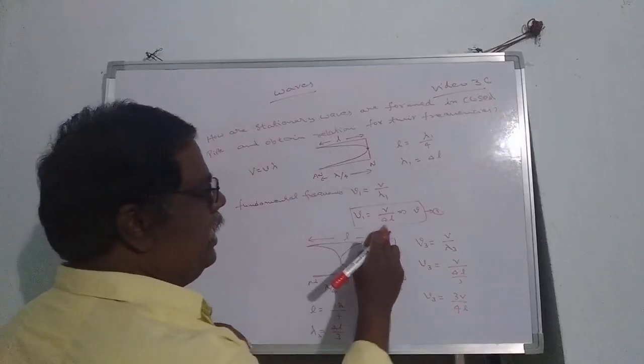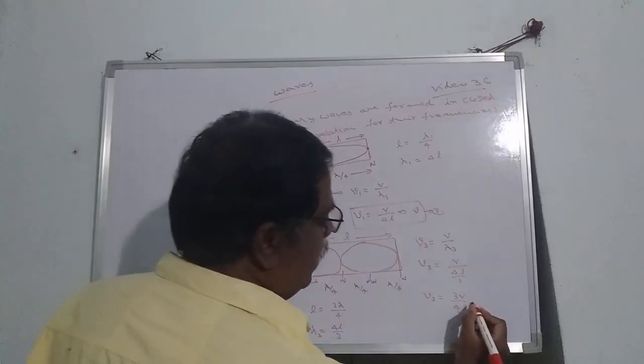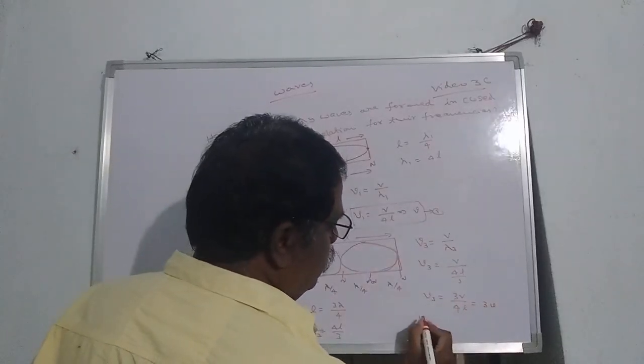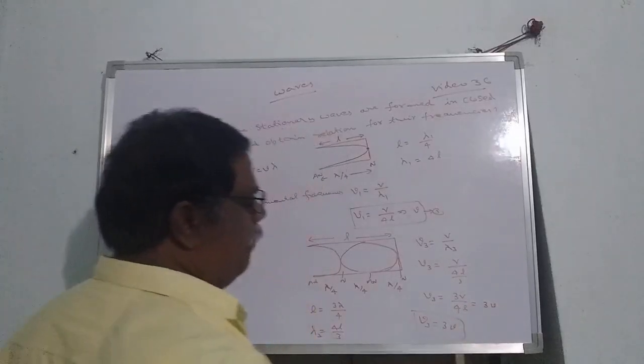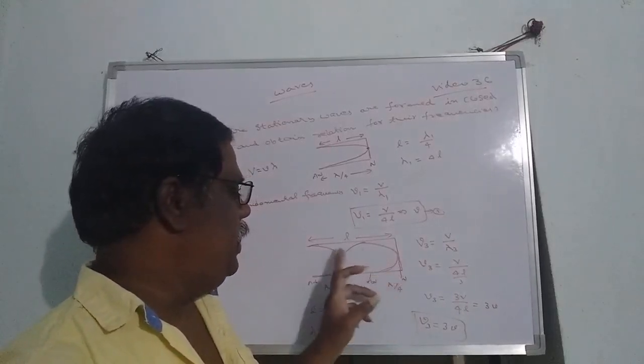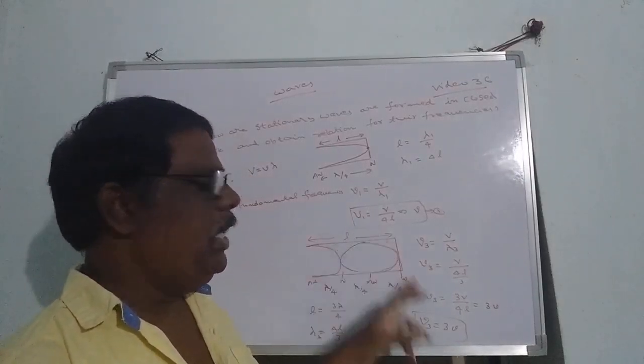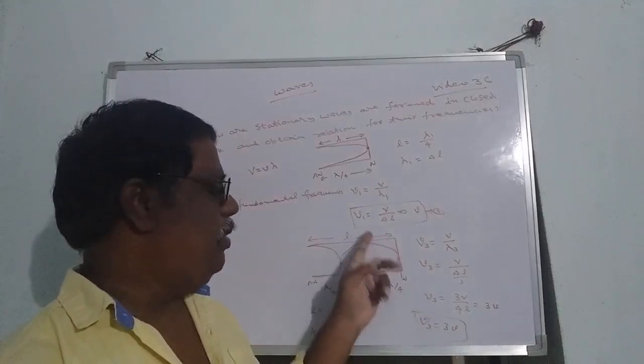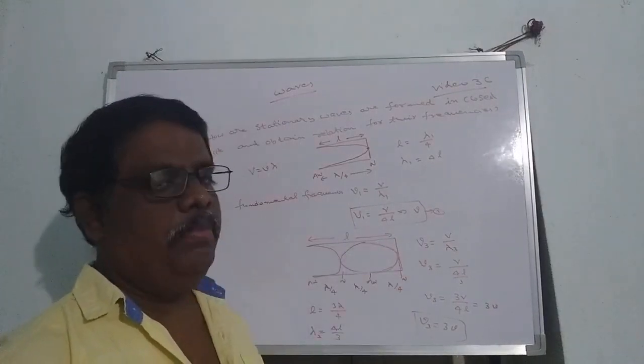Generally V by 4L is nothing but mu, so it becomes 3 mu. So mu3 is equal to 3 mu. This is the third harmonic; the second harmonic is not possible here. That means only odd harmonics are possible: mu1, mu3 and next mu5.